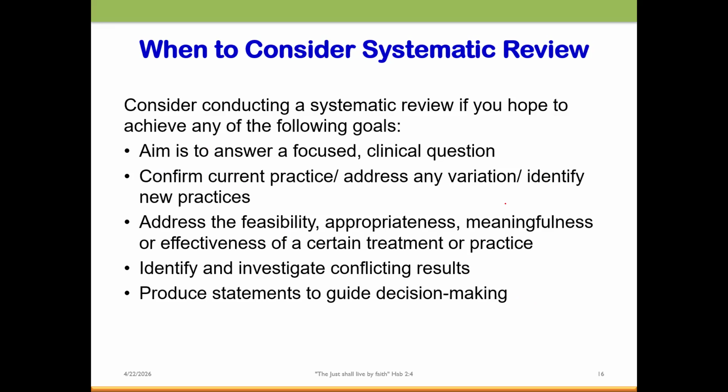And if you want to produce statements to guide decision making, you realize that most of our clinician friends regard a systematic review more highly. In the hierarchy of evidence for guiding decision making, systematic review usually takes first priority, followed by RCTs, then other types of reviews.